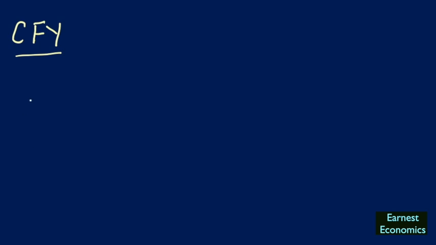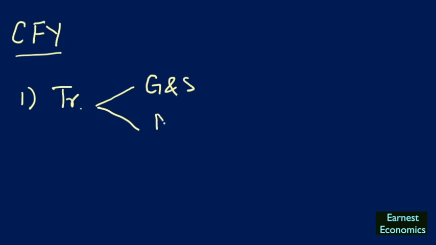One fundamental thing that you need to keep in mind to understand circular flow of income is that every transaction has got two dimensions. One dimension is it involves goods and services, then obviously it involves money, and there is exchange of these two things for each other.